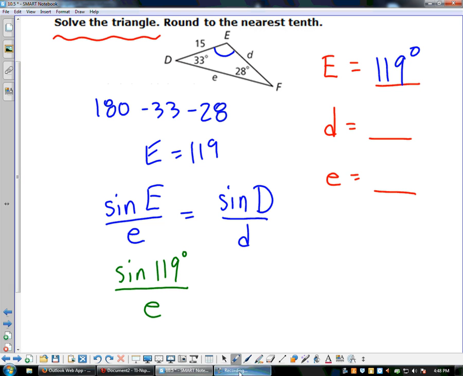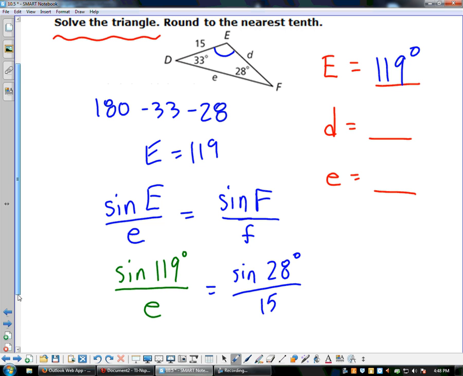Oh, I better start with angle F. My bad. So let's go with sine of angle F over 15, because I actually know the opposite side. So sine of angle F over side F is sine of 28 degrees over 15.